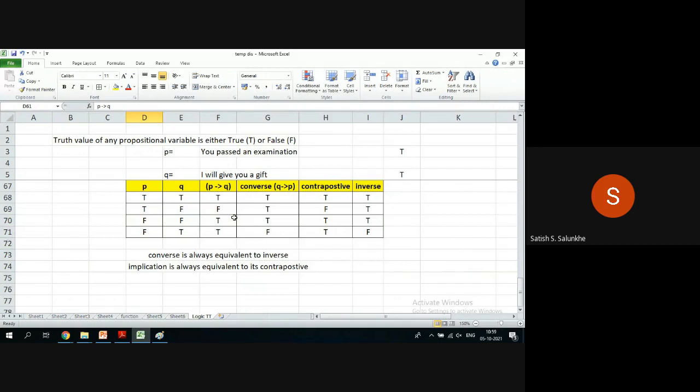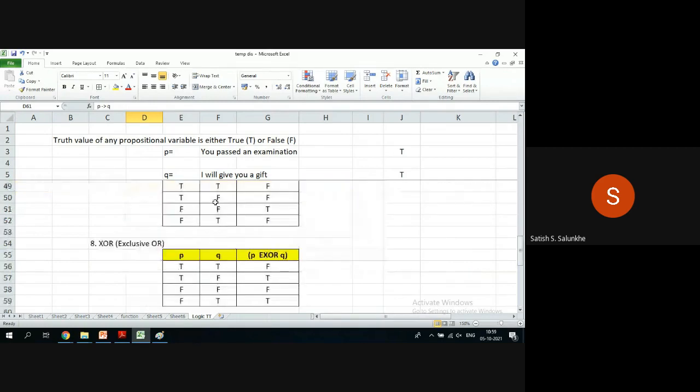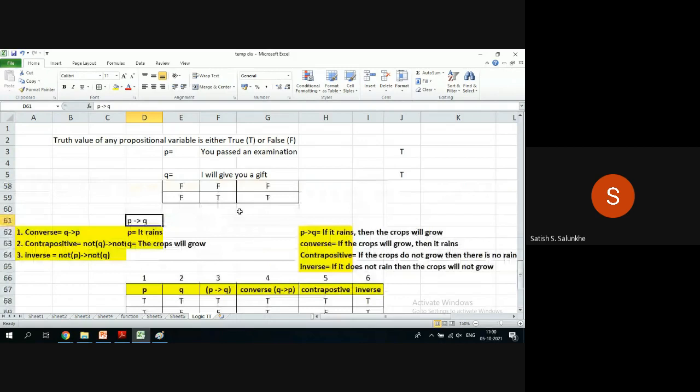Before concluding this session, I would like to inform you that whatever statements we receive, just like the statement we wrote here, if it rains, then the crops will grow, we need to decompose it into propositional variables and then a propositional statement.